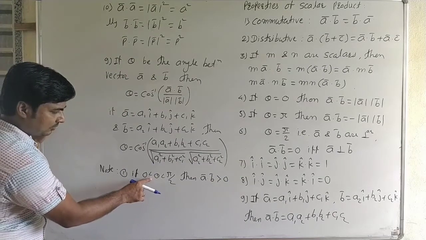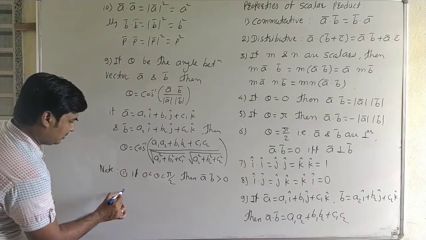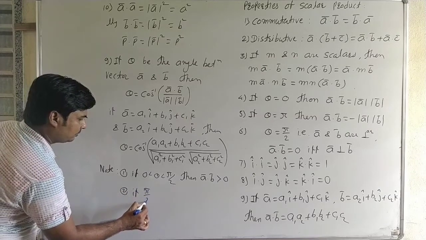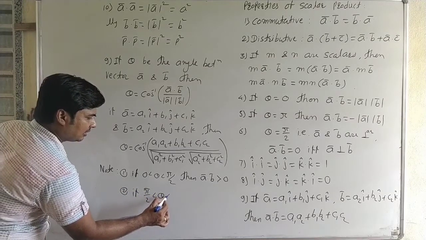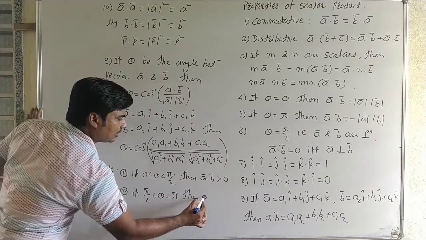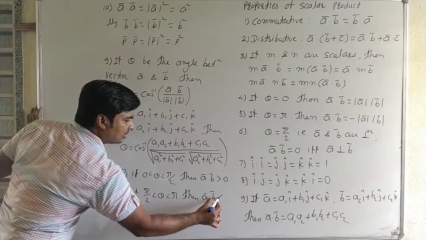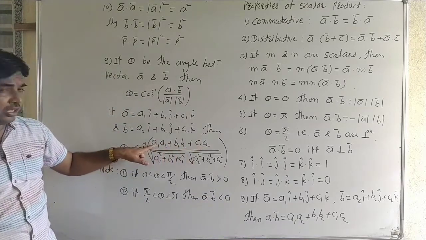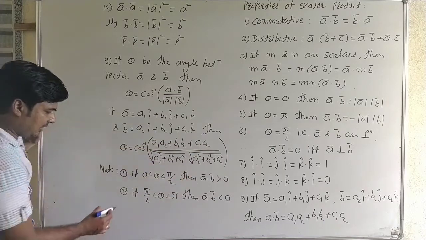If theta is an acute angle, positive. If pi by 2 is less than theta less than pi, then a dot b is less than 0, that is negative. Here the value will be negative.